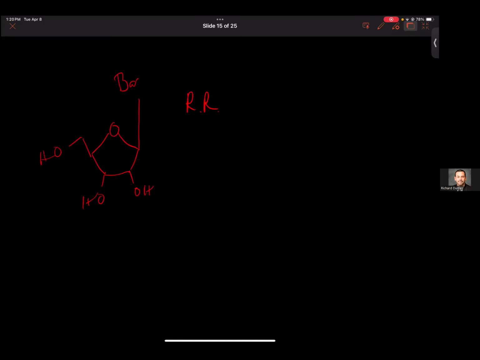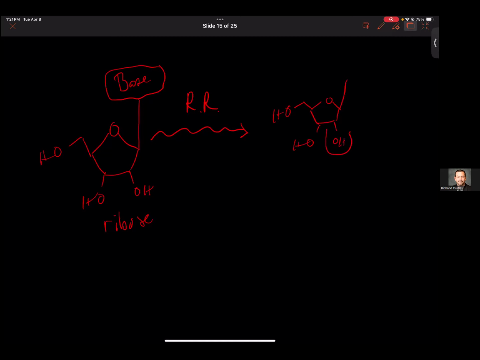So this is a base of your choice, adenine, guanine, what have you. Ribonucleotide reductase will take the sugar, the ribose, and remove the alcohol or dehydrate the alcohol at the 2' position.